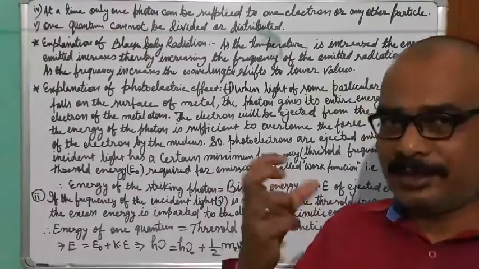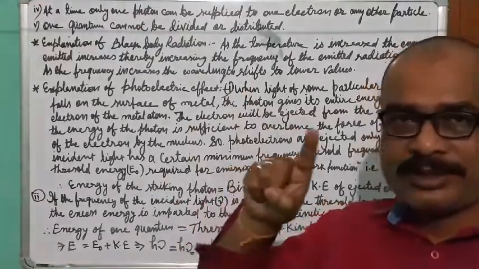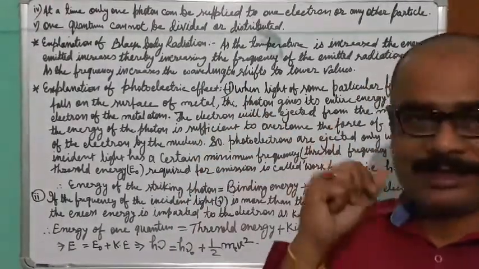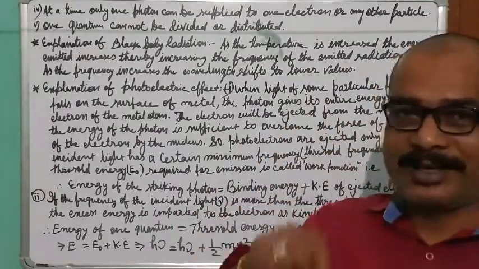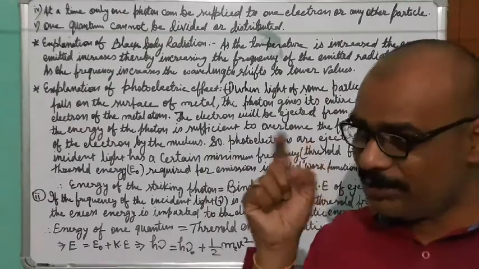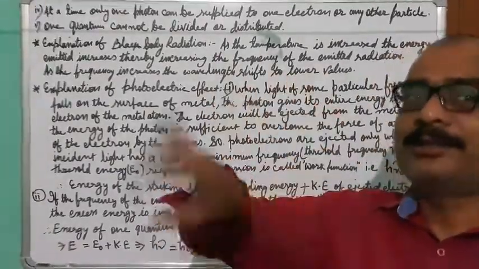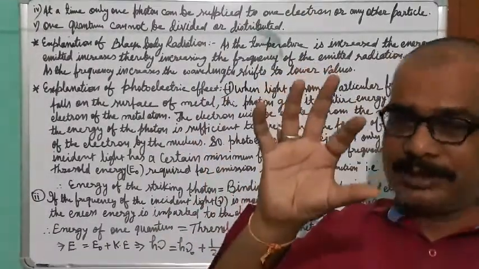We know that there is a positively charged nucleus in an atom, and around this nucleus negatively charged electrons are revolving. So there is a force of attraction between the nucleus and the revolving electrons. That is why while revolving, the electron is attracted towards the center, the nucleus.